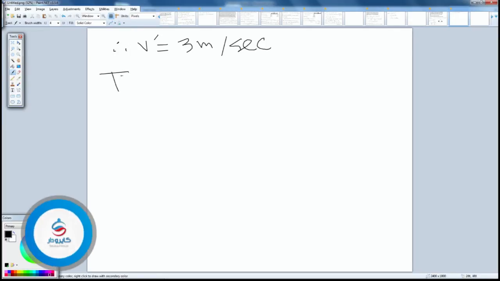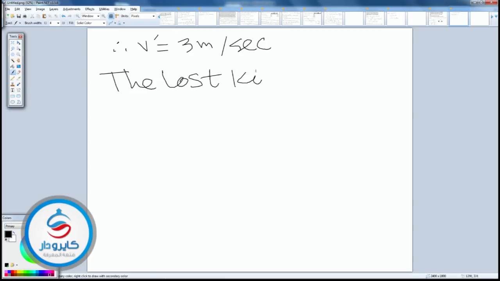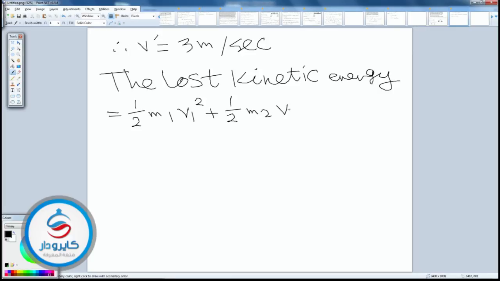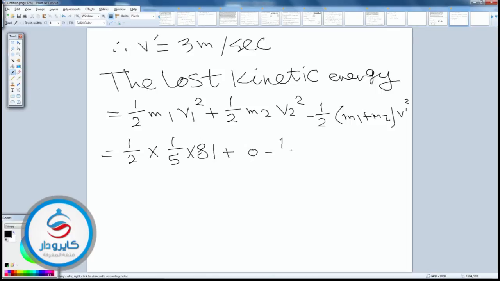The lost kinetic energy equals half M1 V1 squared plus half M2 V2 squared minus half times M1 plus M2 times V dash squared, equals half times 1/5 times 81 plus 0 minus half times 3/5 times 9, equals 8.1 minus 2.7, equals 5.4 joules.